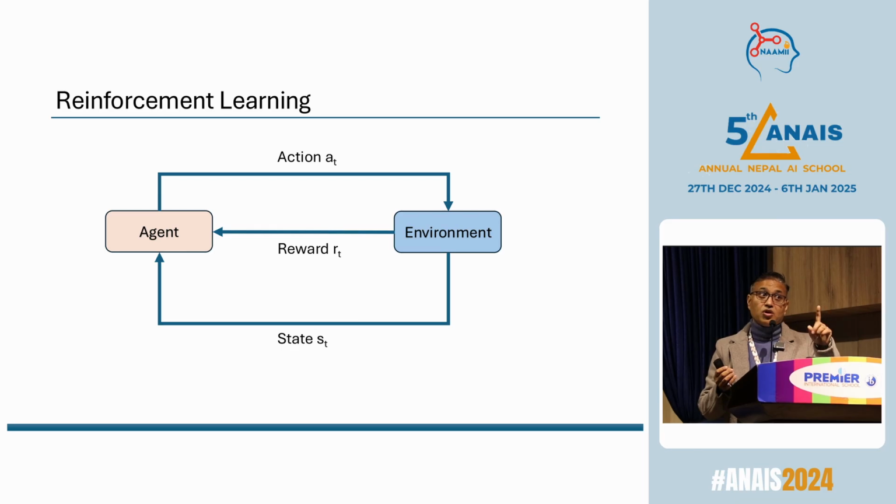If somebody says you are not doing good, that is also a reward. But in the context of RL, this reward is a scalar value. Probably 1, 2, -1, 0, 100, 500. These are some of the scalar values that can be considered as a reward. I'll give you some examples later on.